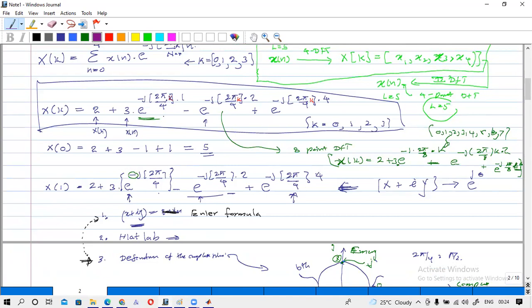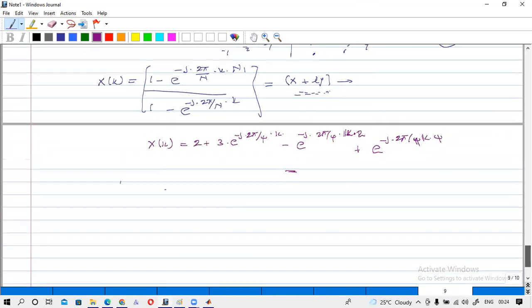So I'm going to write this equation in the matrix form. Okay, so you can see that these are x values. So this will be x0, this will be x1. Okay, so this will be x2. So there is no x3, and this will be x4.